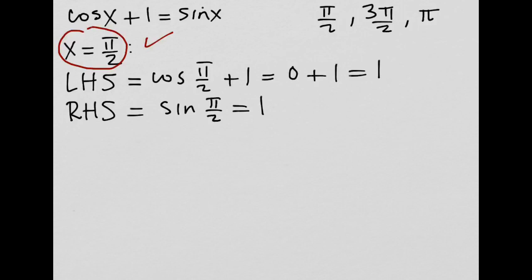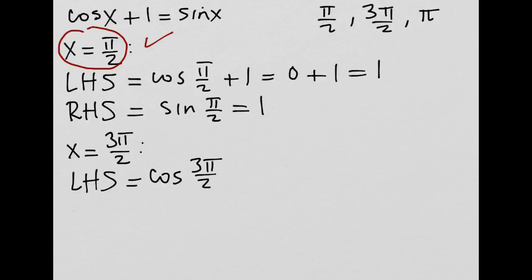Next, let's check x equals 3 pi over 2. The left-hand side gives cosine 3 pi over 2 plus 1, which is 0 plus 1, and that's 1.